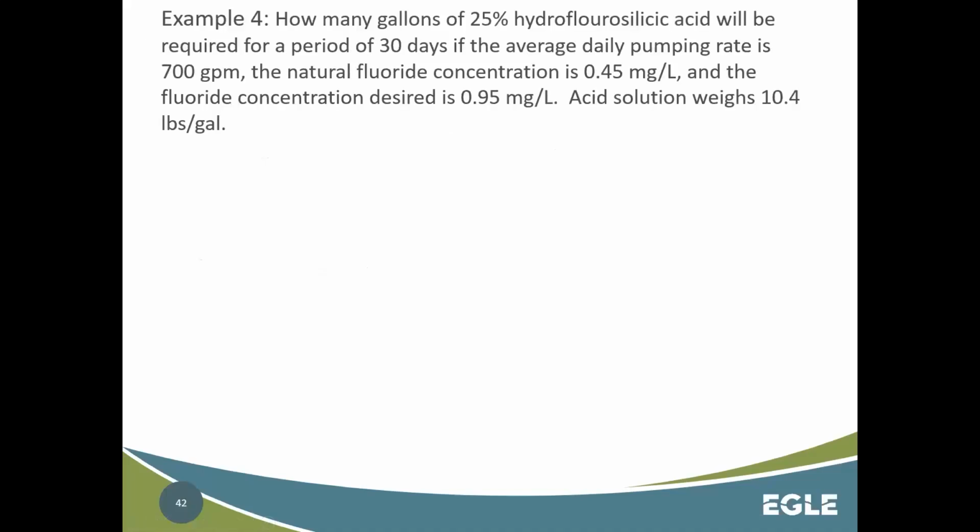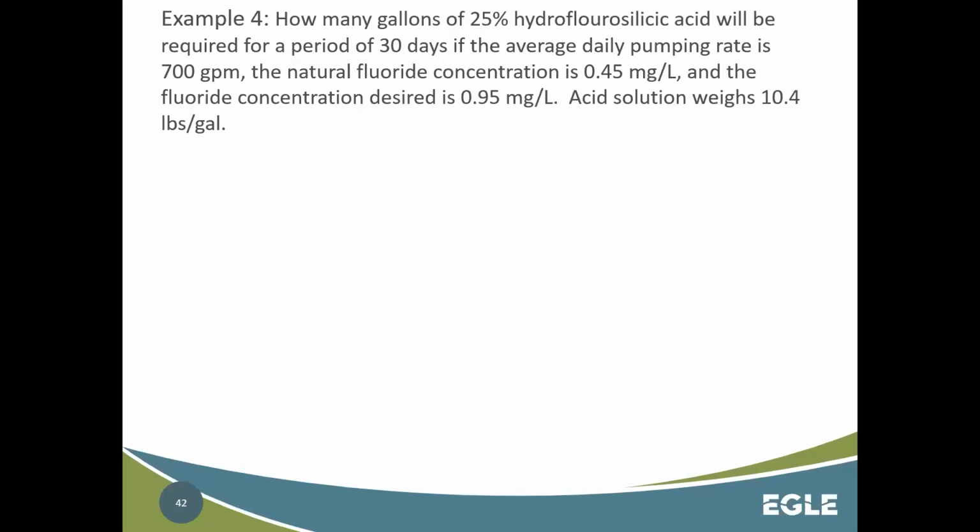Okay. All right, and the next example. I'm sorry, I can't read the top sentence, but how many will be required for a period of 30 days if the average daily pumping rate is 700 gallons per minute.